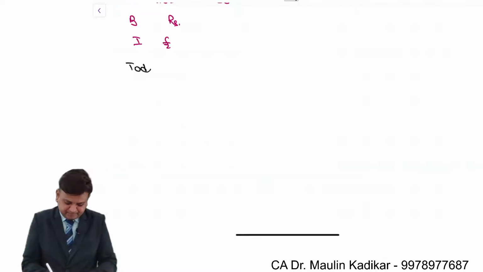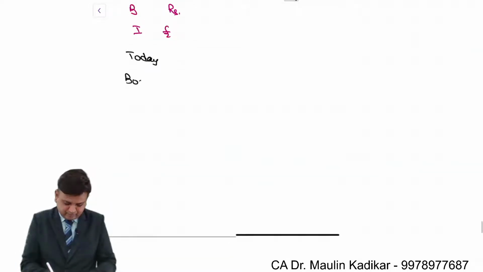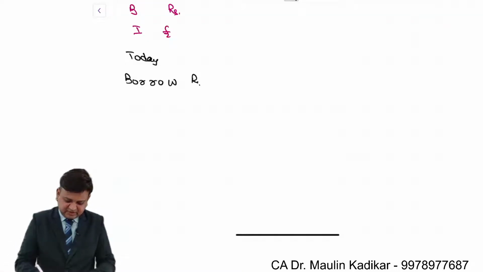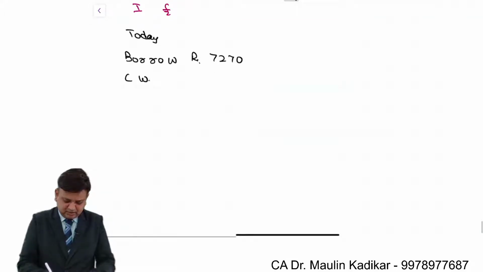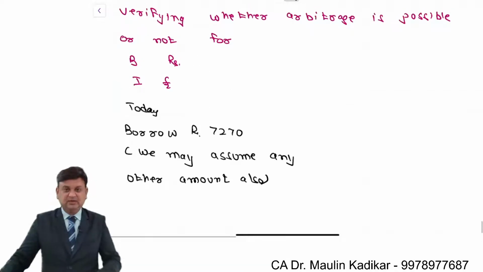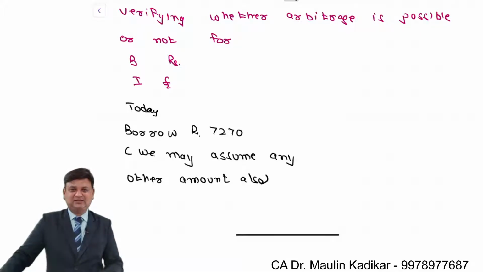So today, borrow rupees 7270. In bracket I am writing, we may assume any other amount also. I want you to complete the remaining answer.